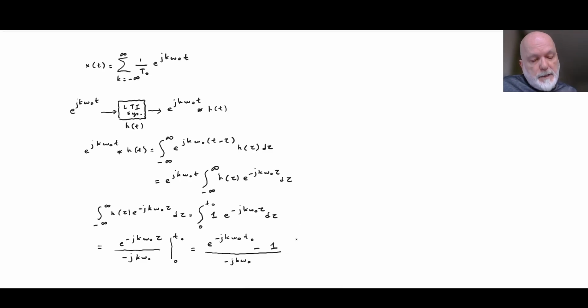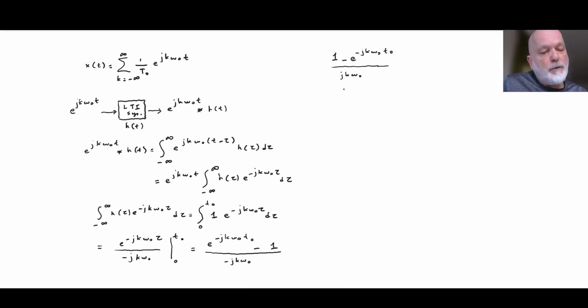Now, this expression, to get rid of this minus sign, let us interchange these two terms. So, we have 1 minus e to minus jk omega 0 t0 divided by jk omega 0. Now, in fact, we have obtained the result.